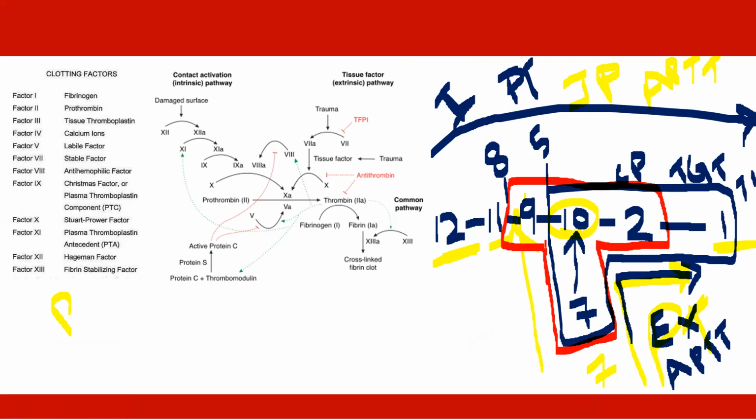These 4 factors can only get activated in the presence of vitamin K. Absence of vitamin K results in inactivation of these factors, and because of inactivation, the blood won't clot. That is why vitamin K plays a vital role in the activation of these 4 clotting factors.